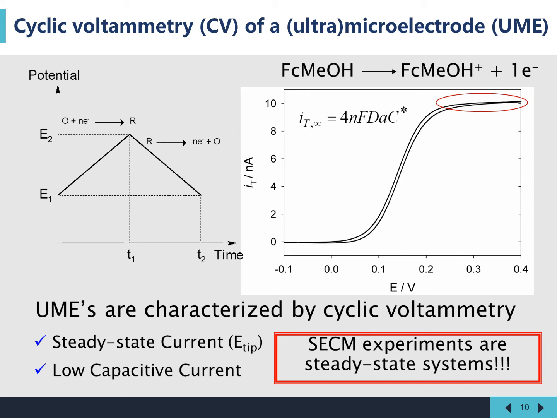The x-axis is the potential you applied. The y-axis is the current that you measured. SECM experiments are performed in steady-state systems, which means a fixed potential will be used. In this case, 0.4 volt will be used, and in bulk solution, a constant current will be measured.